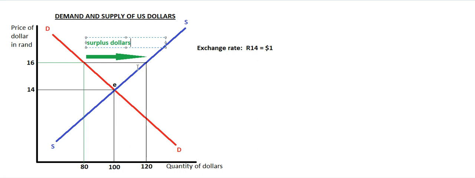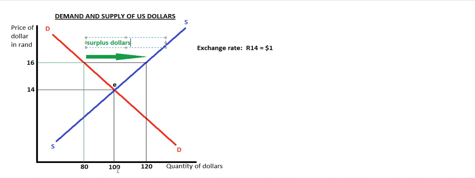If I want them to buy my dollars, I have to decrease my price. If my price stays at 16, we are not going to get all the dollars sold. That is exactly what's going to happen. Demand and supply automatically adjust, and prices will go down a little bit until it goes back to 14 Rand to the dollar, because then 100 people will buy and 100 people will sell.